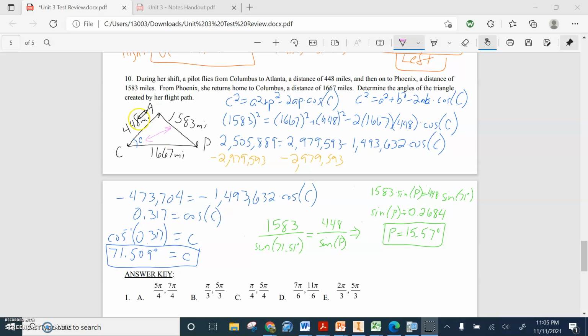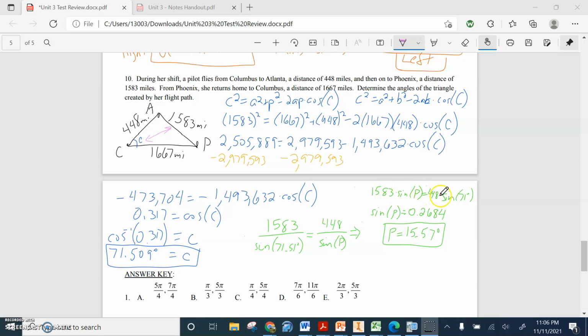I just picked P, for example. So 1583 over sine 71.5 is equal to 448 over sine of P. When we cross multiply, 1583 times sine of P is equal to 448 times sine of 71.5. So those are your numbers.